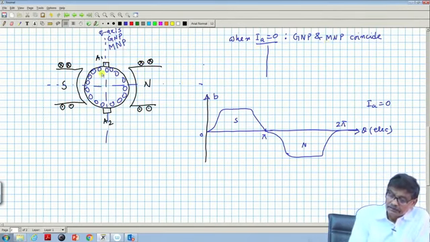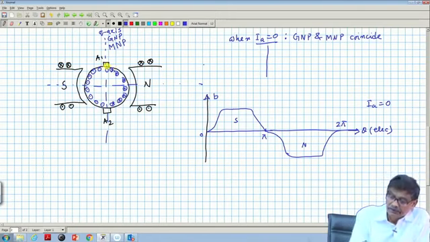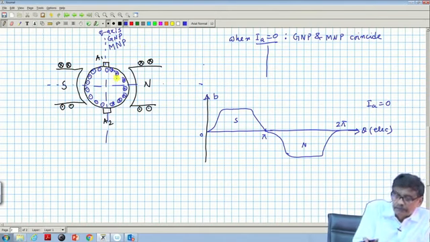But the moment the armature carries current such that these are dots and this side are cross, I can easily see there will be a field here because of the armature field. If I apply right hand rule, there will be some magnetic field here.